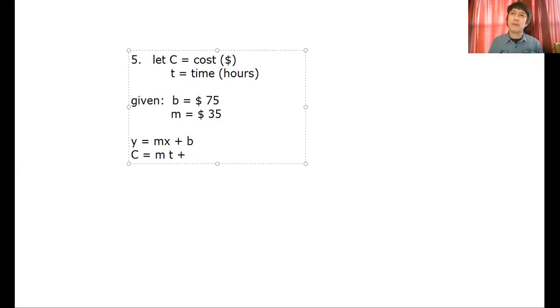So the cost is your dependent variable. The t is the independent variable. So this is our new working equation. We will just be using a direct substitution method. This is 35 for the slope times time plus our initial $75. And there's number 5. And this will be our last problem for this session.